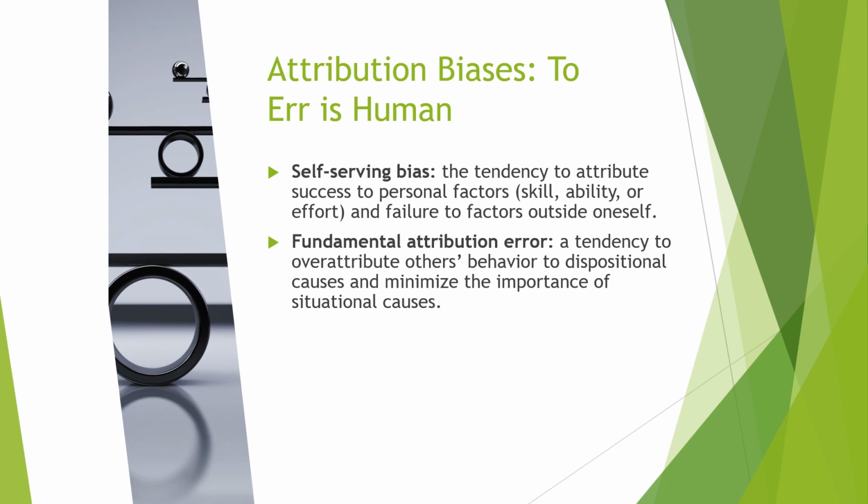It's not because the exam was too hard. So when it comes to ourselves, we use a self-serving bias, but when it comes to others, we use this fundamental attribution error, where we tend to come up with a reason for their behavior as dispositional instead of situational.